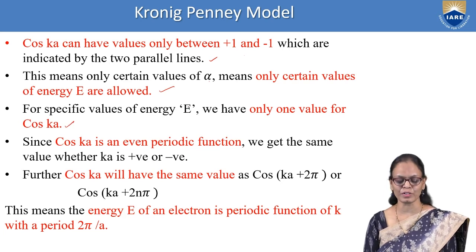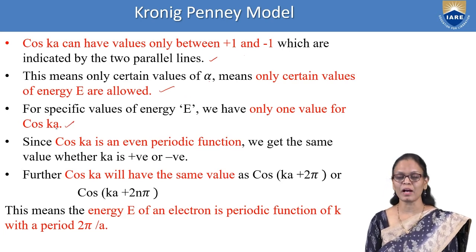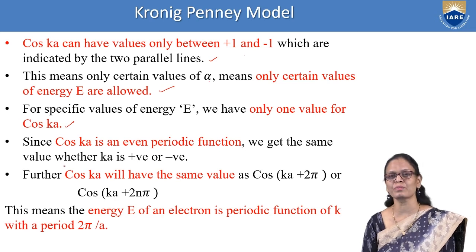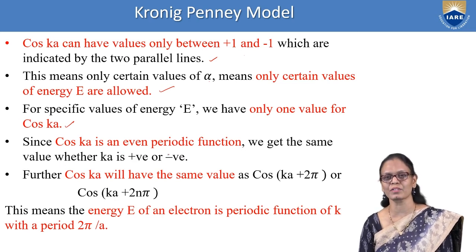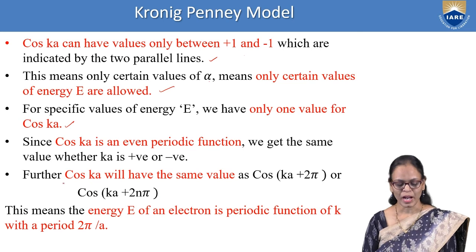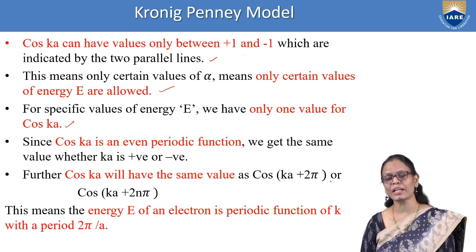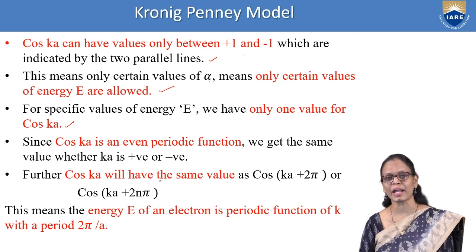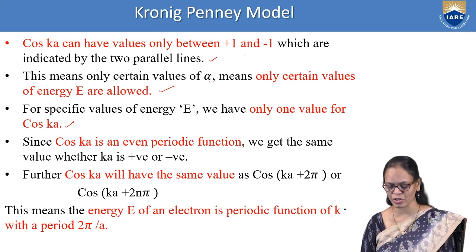So if you are trying to find the value of E, it will have only one value for Ka. And since cos Ka is an even periodic function, you get the same value whether Ka is positive or negative, as we have seen in the plot. You can even extend it to 2n pi, whatever the value of n. This means the energy of an electron is a periodic function of K.